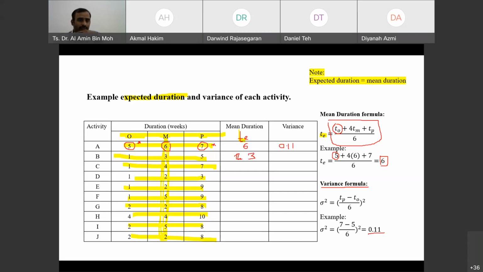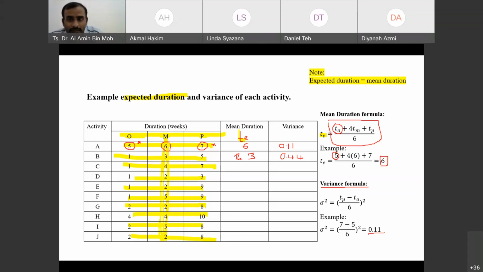So variance. Johari said 1, but just wait for your friends to confirm the answer. 0.44. Okay, it should be 0.44. So whoever got it wrong just now, recalculate, because this error may happen later on, maybe in your quiz, or in your assignment or test.